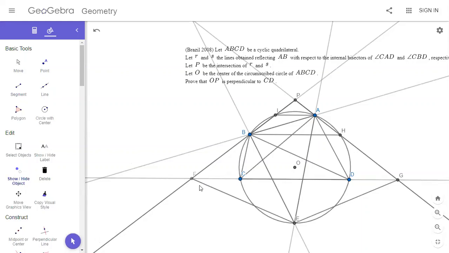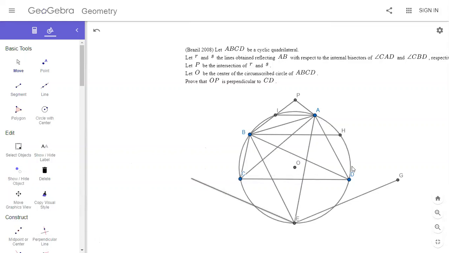I'm going to hide some extra stuff that I drew in. Definitely don't need. Let's see. Delete that. Delete that. Yeah. What did I do here? Basically.